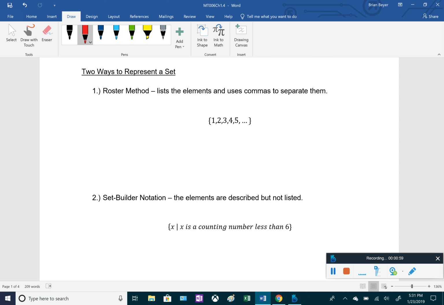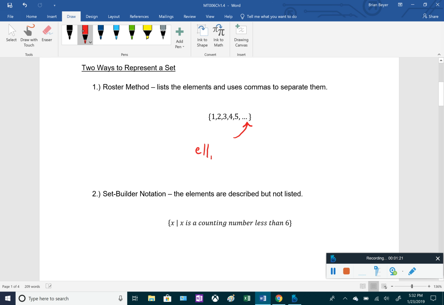We denote it with these squiggly brackets, and we put this little ... afterwards to let us know that it continues in that pattern that's pretty clear. That is called an ellipsis. So that's the roster method, just listing out the elements.